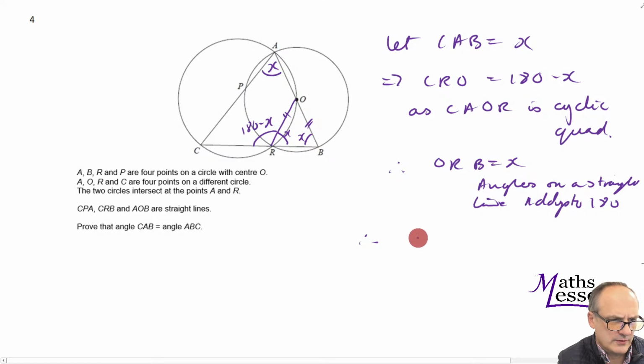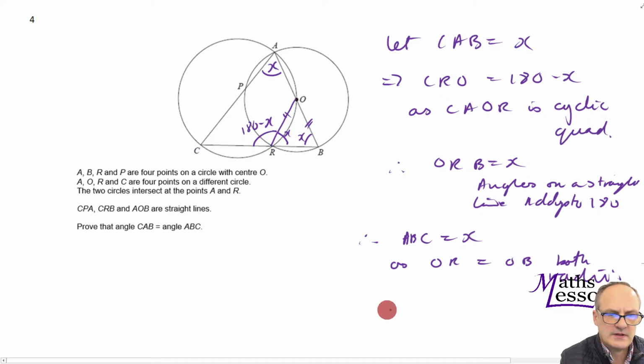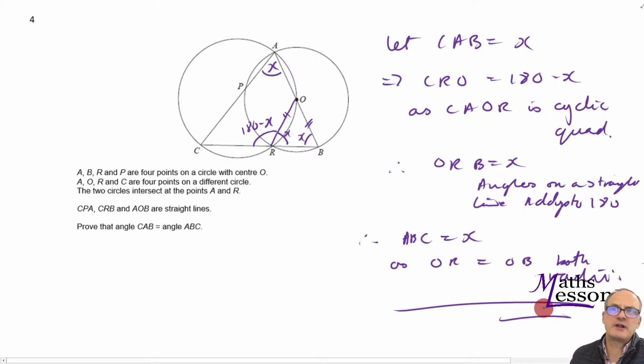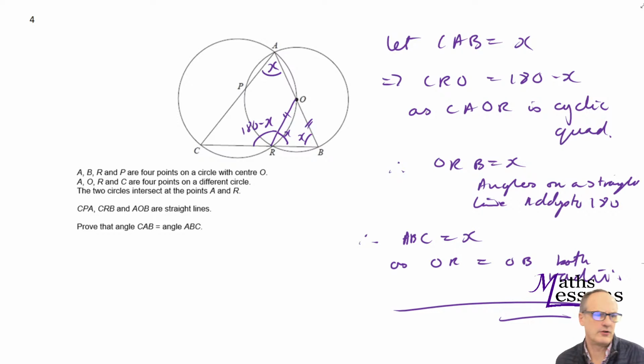Therefore ABC will also equal X, as OR equals OB, as they're both radii. There you go. And there's your proof explained with all the theorems you've used along the way.